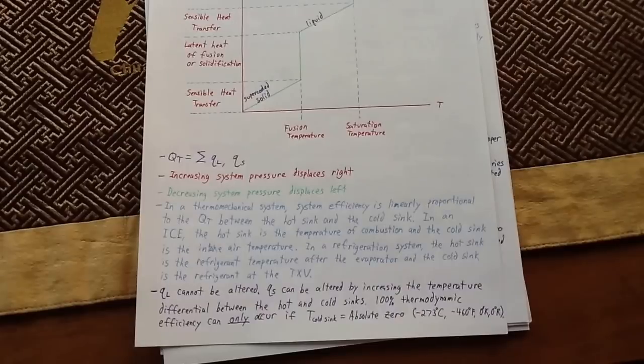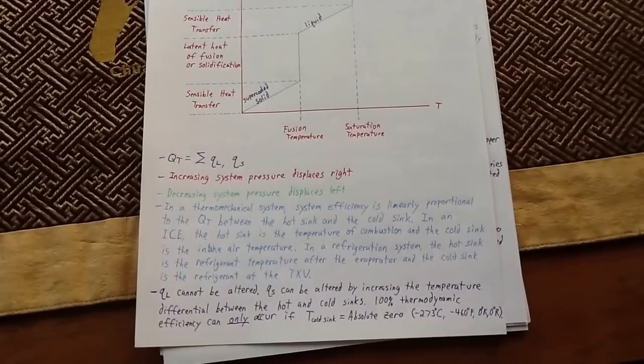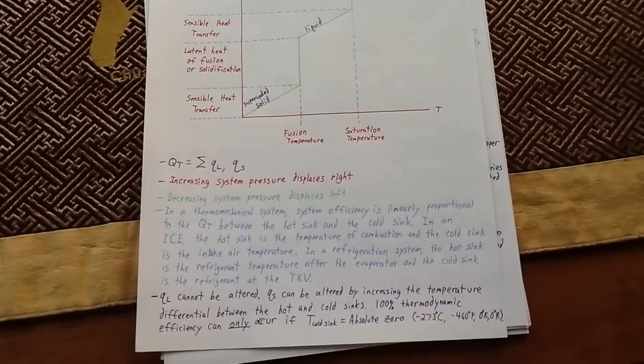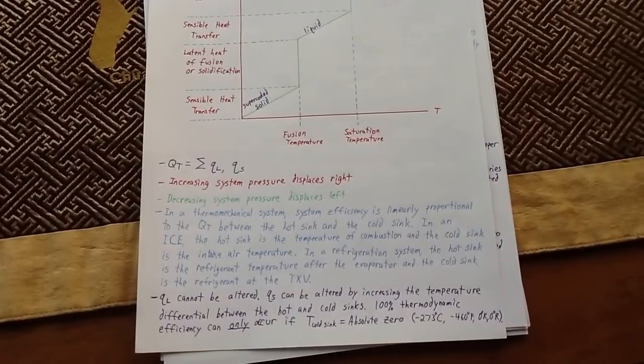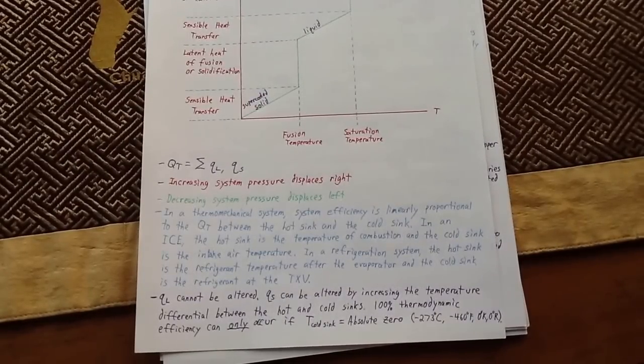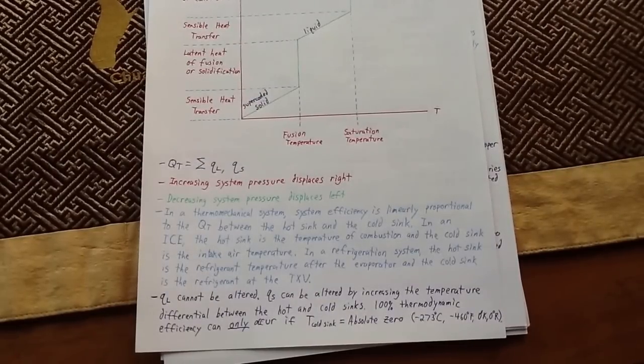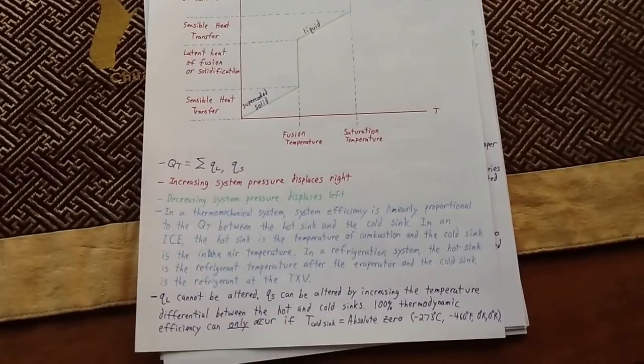So there's a graph out there, and you can find this on Google or Yahoo. You can type in Otto cycle. It's basically a pressure versus volume graph. And in an internal combustion engine, you have compression, ignition, expansion, and exhaust.